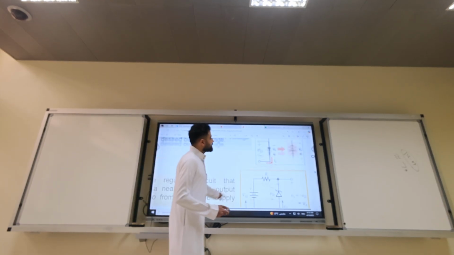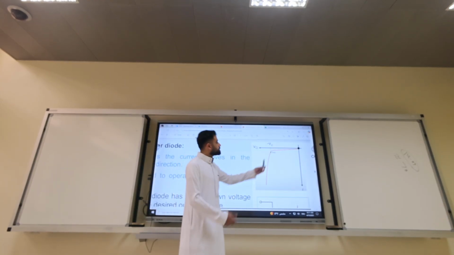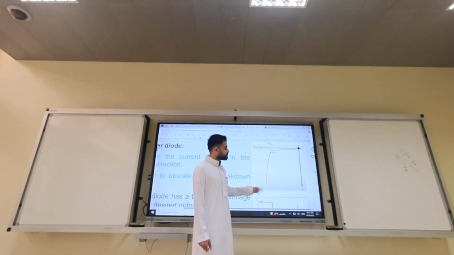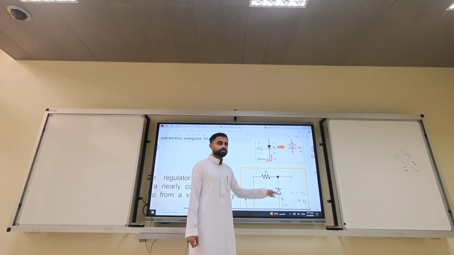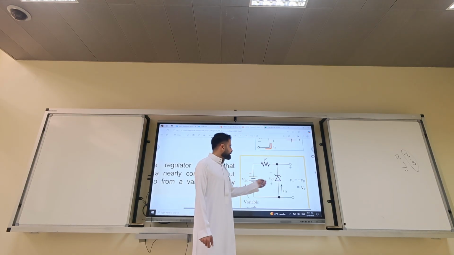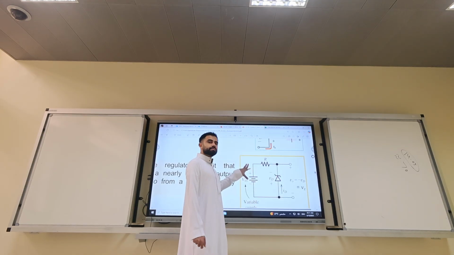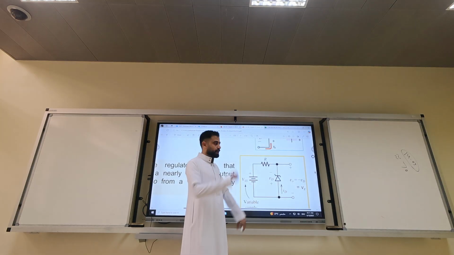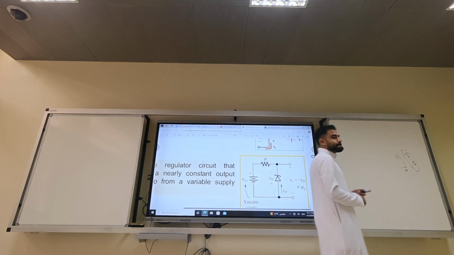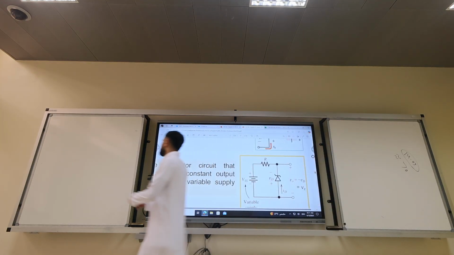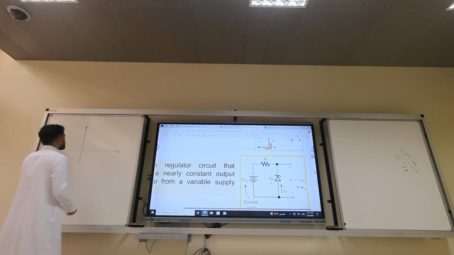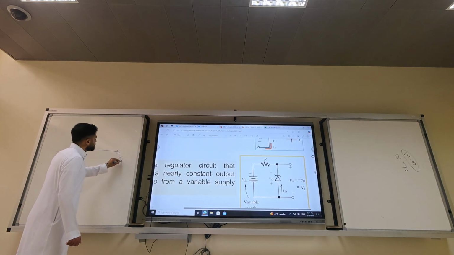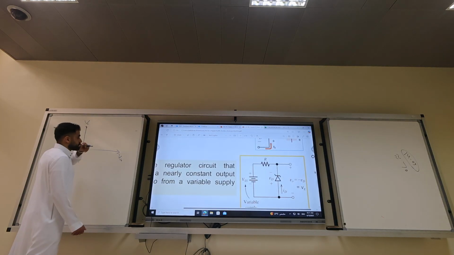Keep in mind for the Zener diode, if you apply a voltage less than -VZ, the diode will be open circuit. If the diode is open circuit, the output matches the input. So how to draw this? V input, V output.